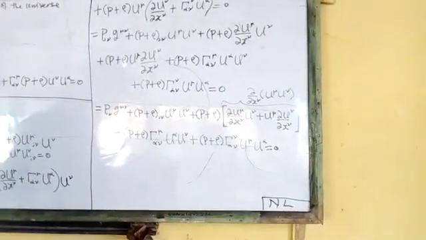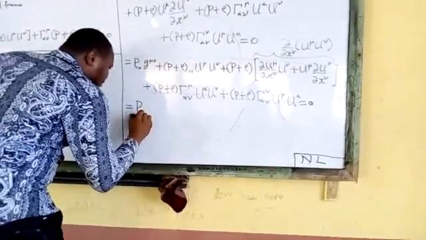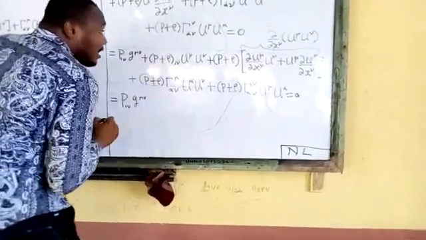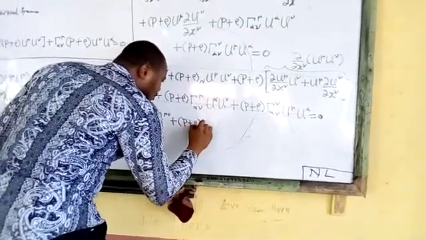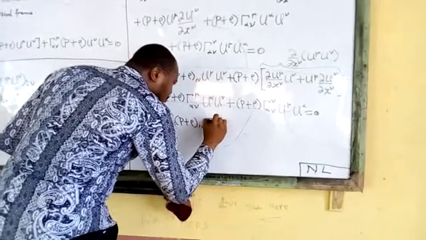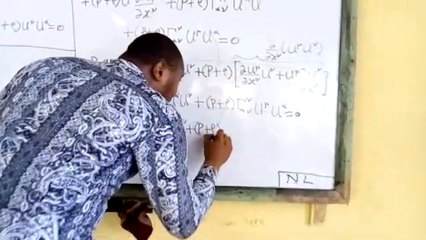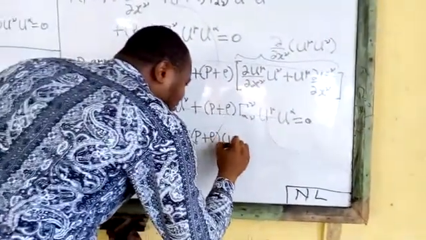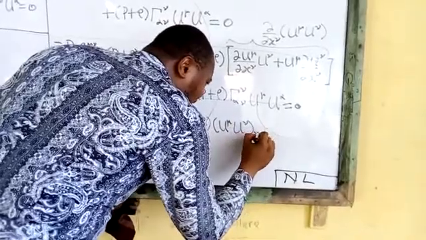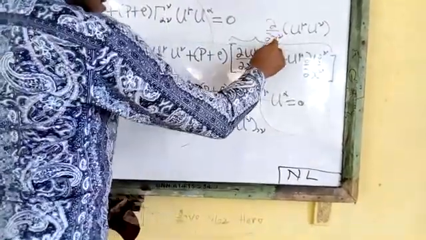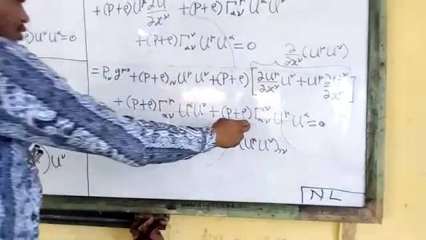So I have p comma nu, g mu nu, and I have plus p plus rho, comma nu, u mu u nu, and then plus p plus rho. Then I'm going to have in a bracket u mu, u nu, the whole of that comma nu. That's what I mean by d dx nu, a comma with nu. Okay, so I'm going to bring this last term here.